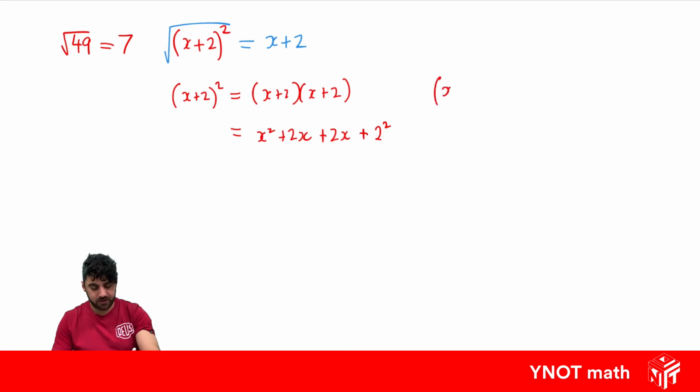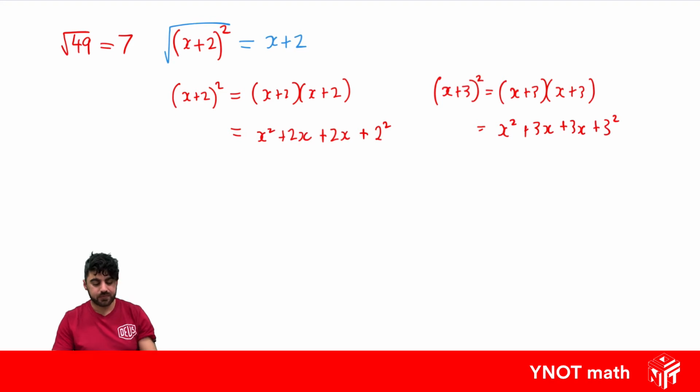Let's just have a look at (x + 3) all squared. We can rewrite this as (x + 3) times (x + 3). And we'll get x times x is x squared, and x times 3 is 3x, and 3 times x is 3x, and 3 times 3 is 3 squared. And hopefully you can see a bit of a pattern here.